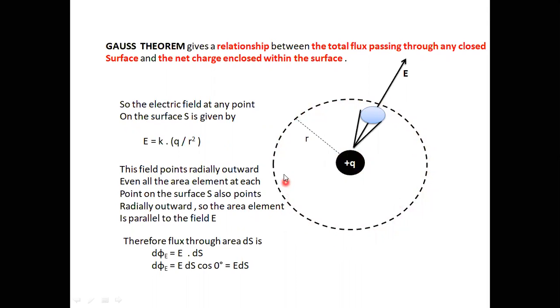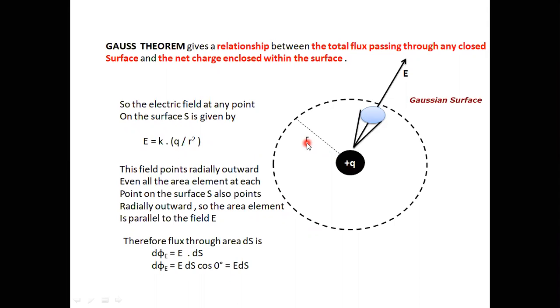So this imaginary sphere is enclosing this plus Q charge from all three directions, at a distance r, as you can see in the figure. Now this imaginary surface has a term, and it is known as the Gaussian surface. So this Gaussian surface is enclosing this plus q charge at a distance r.